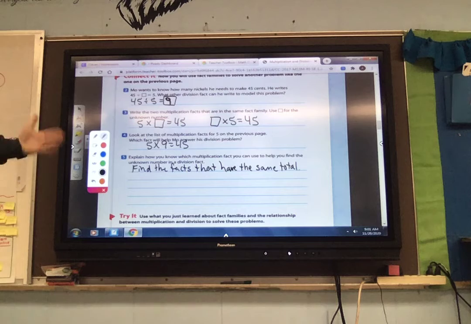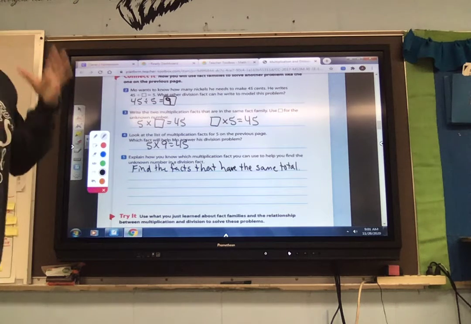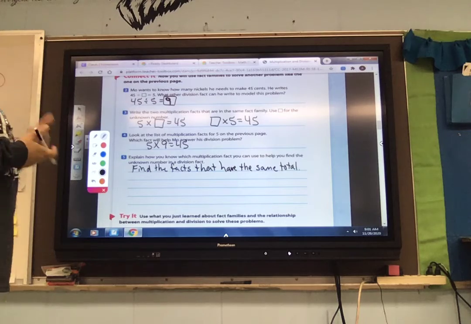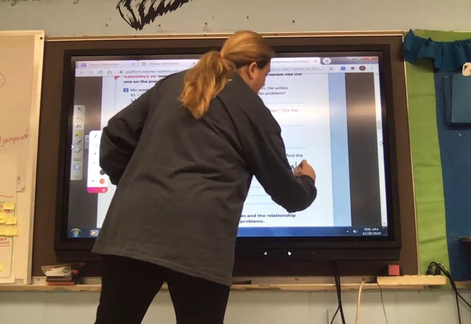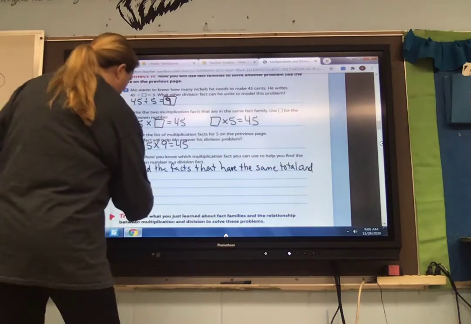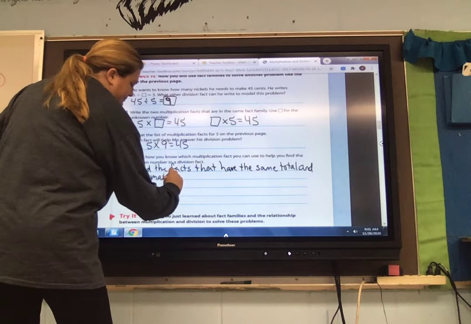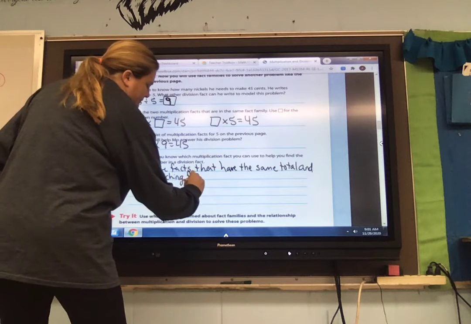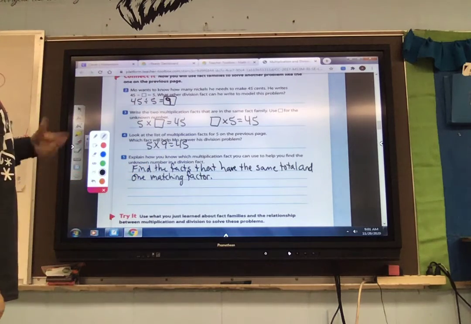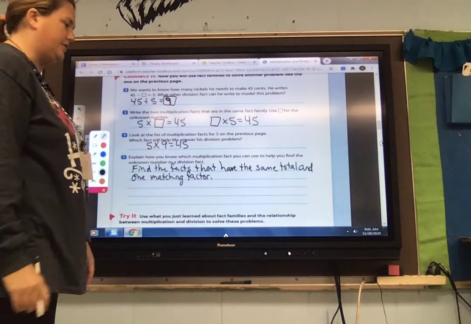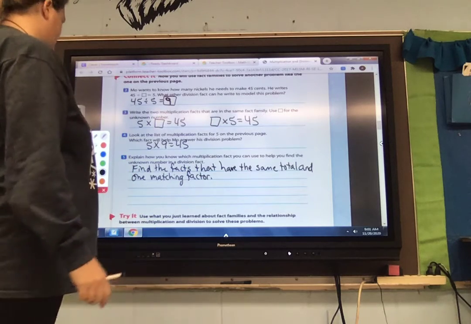I'm not sure why they gave us all those lines to write on, but that's all you need to know. When you're using your multiplication facts, you want to find those facts that have the same total. Well, I guess we could put and one matching factor. Because we'll know 2 numbers from our word problem to try to find the third number. You've got to find those same multiplication fact family members.